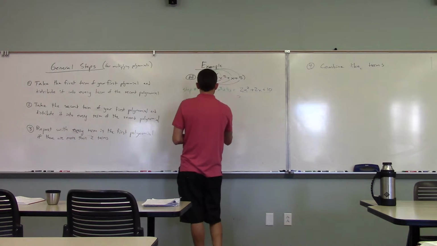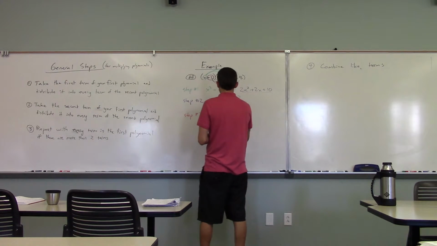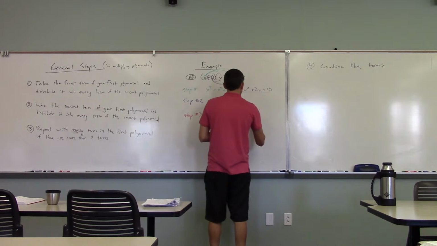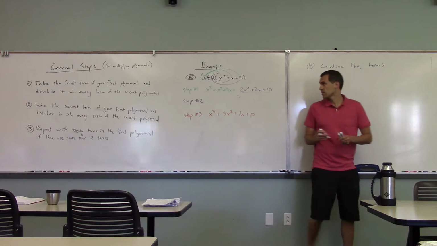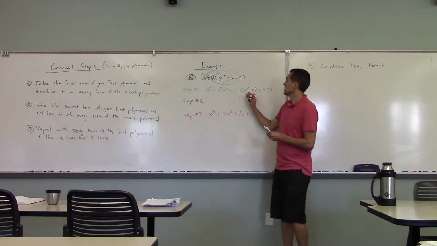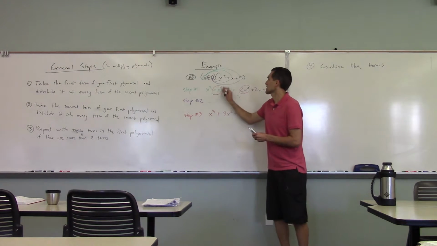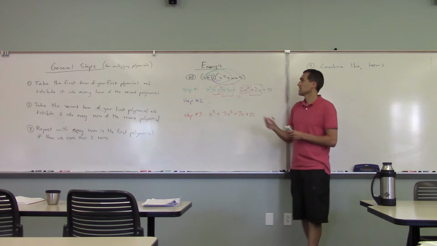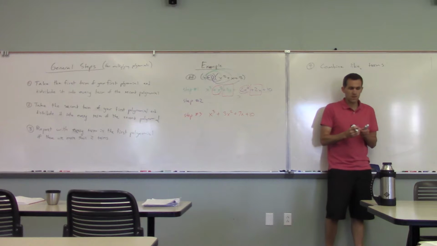Is I get x to the third plus 3x squared plus 7x plus 10, because I combined my like terms here, just being x squared and x squared, x's and x's.